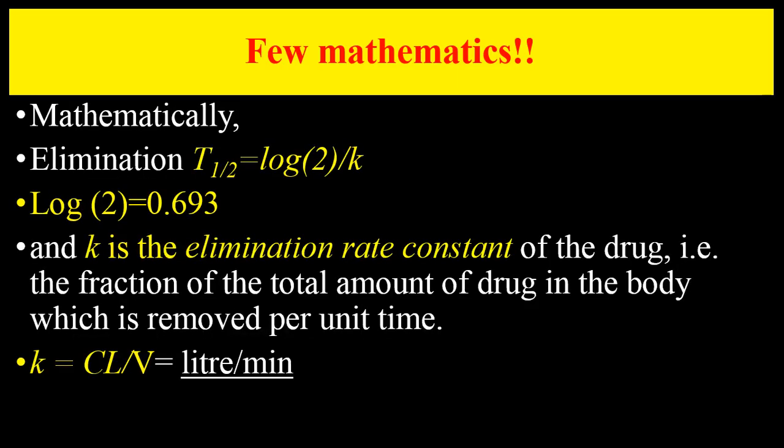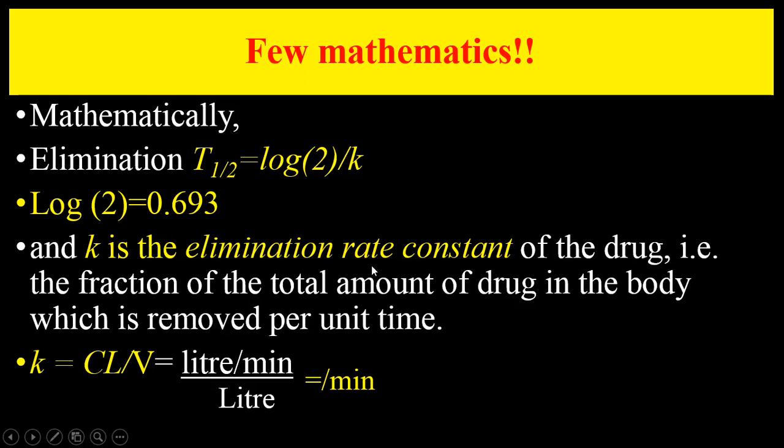Now a few mathematics, you must have studied it when you were in your plus 2. I don't know how it was calculated, but there might be some complex mathematics involved, so what I do is I remember this only. T half life is equal to log 2, this is natural log, divided by elimination rate constant, and this log 2's value is 0.693.